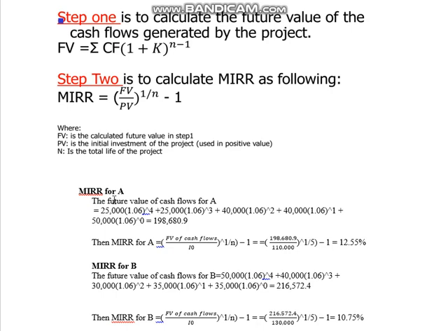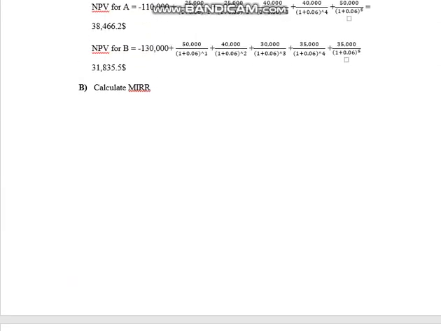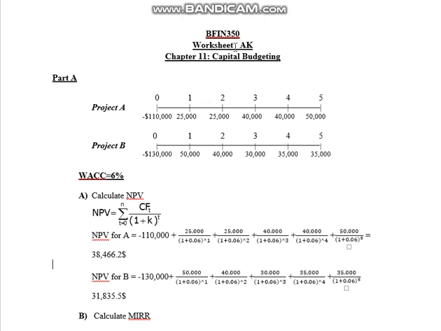referring to the cash flows of project A, the first step is to calculate the future value of the cash flows for project A. We look only at the cash flows starting from time 1. These are the cash flows that are generated, and we should calculate their future value over these years.